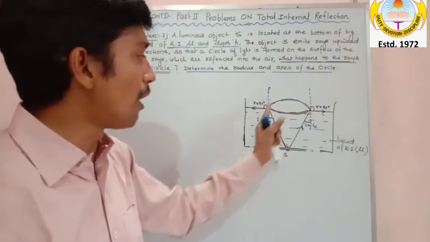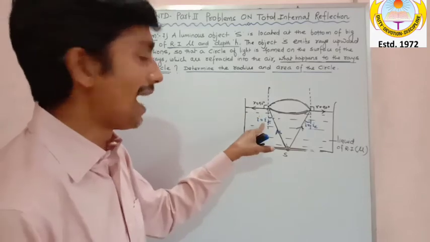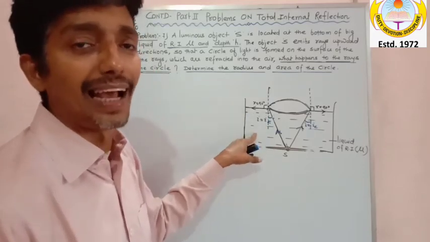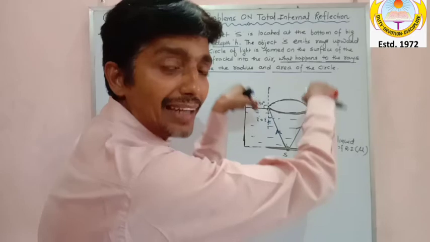So my dear, after the circle is formed, I becomes IC and then I will be greater than IC, and the entire light will be reflected internally.